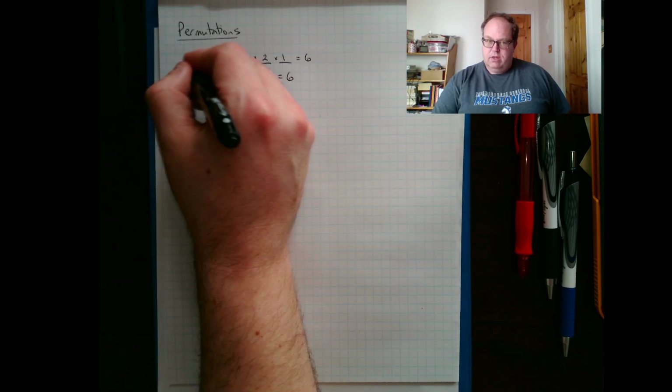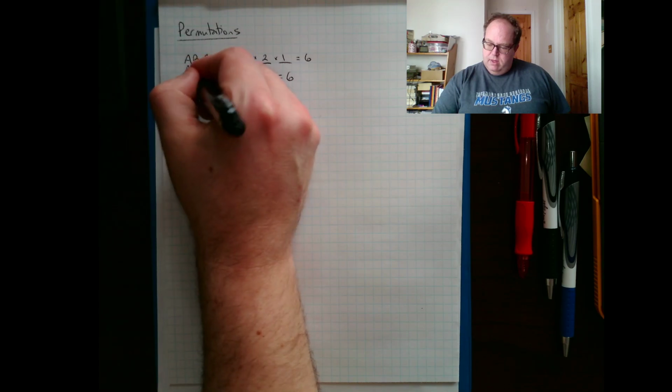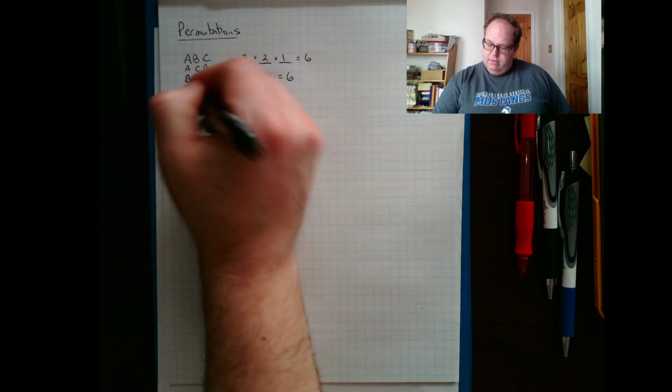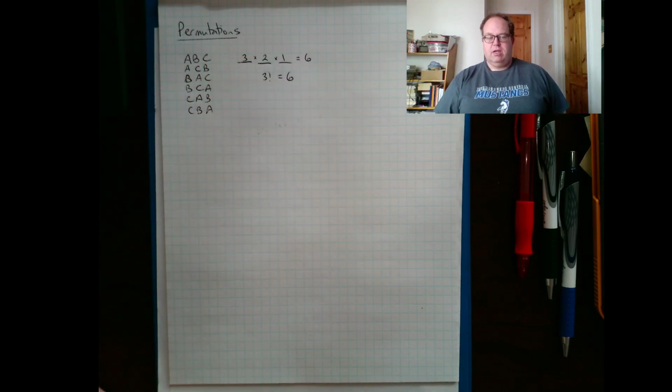And I could even show all the different possible permutations here. ABC, ACB, BAC, BCA, CAB, and CBA. 6 different permutations of that group of things.